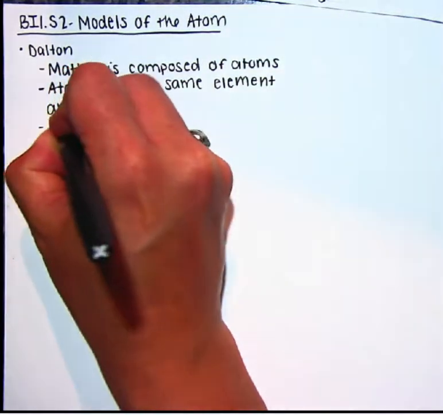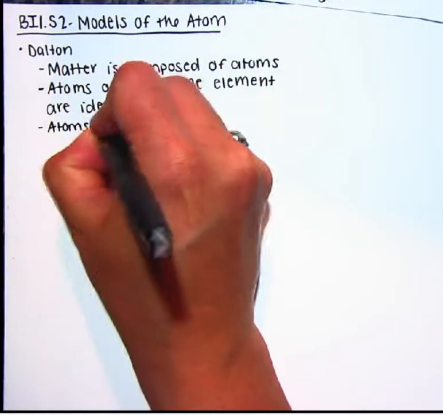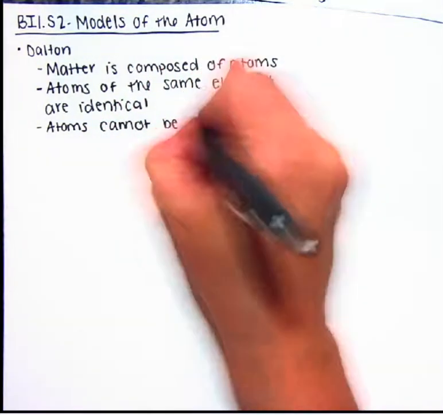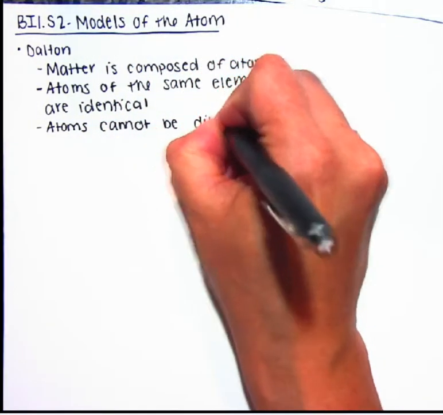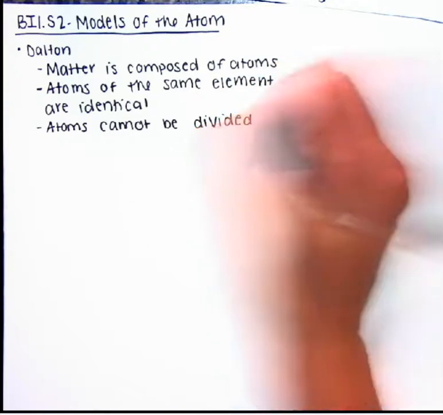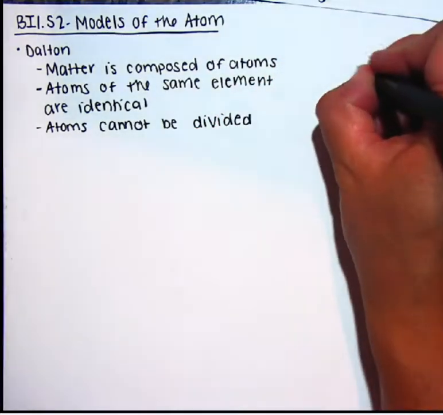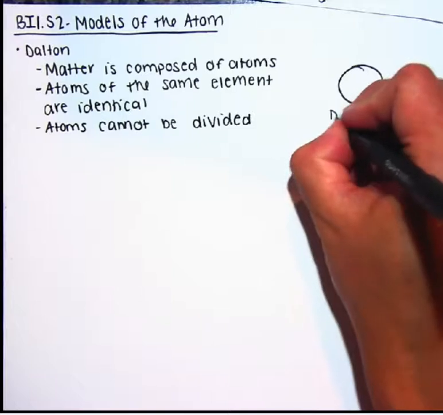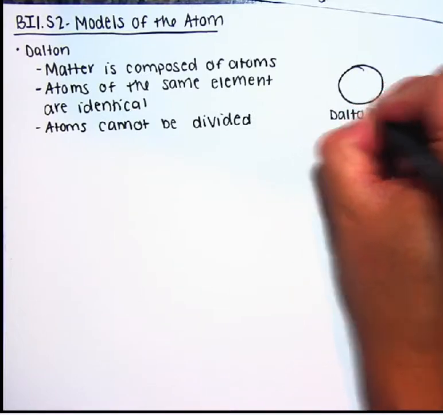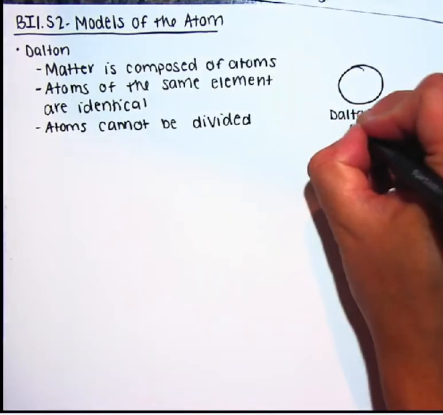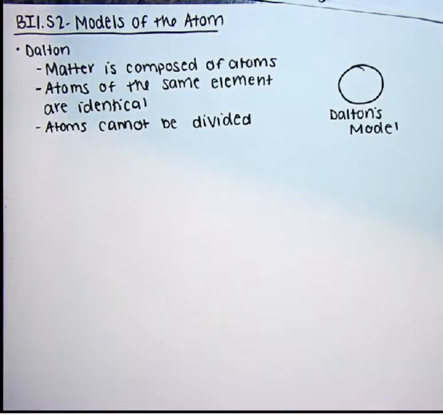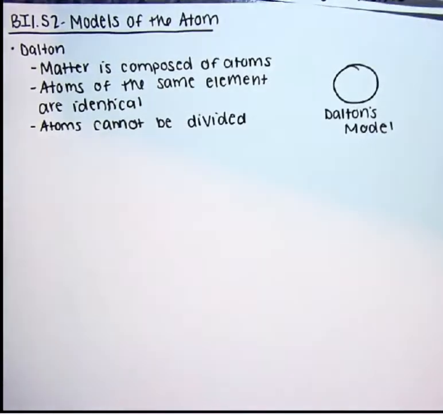Dalton also thought that atoms cannot be divided. So Dalton's model looked something like this. He thought the atom was as small as it got. There weren't any smaller components making up the atom.